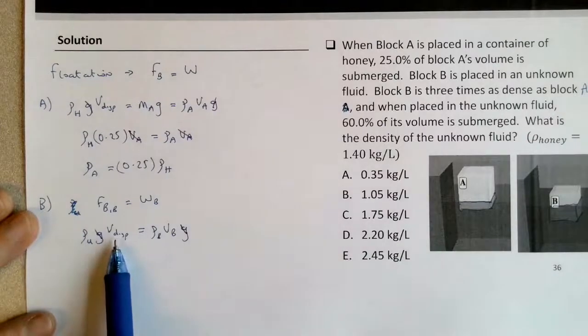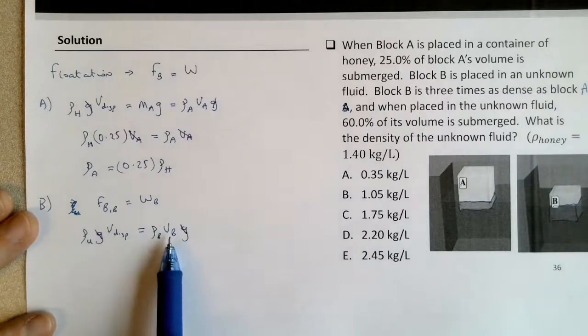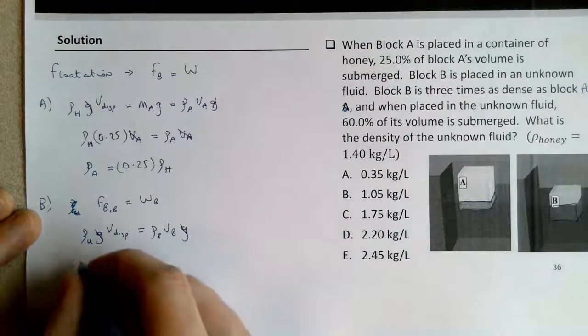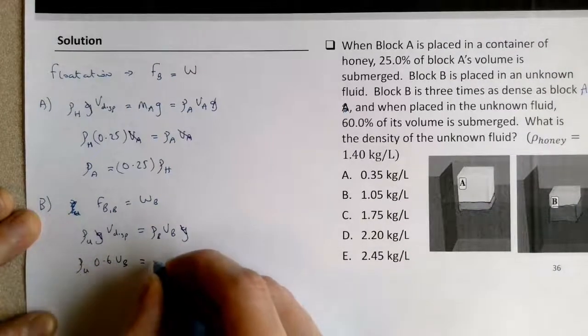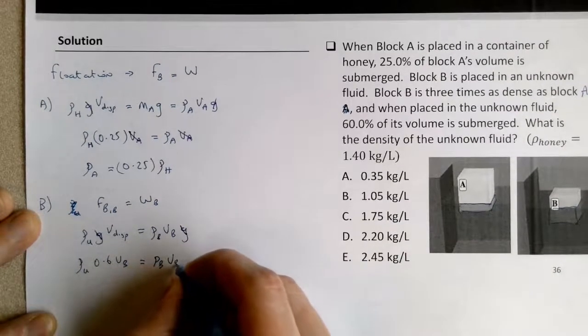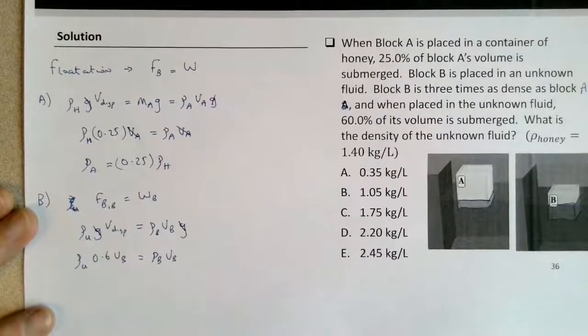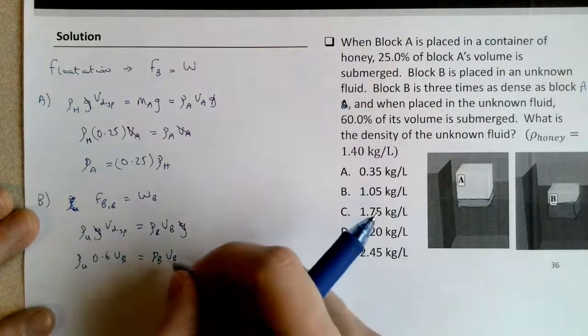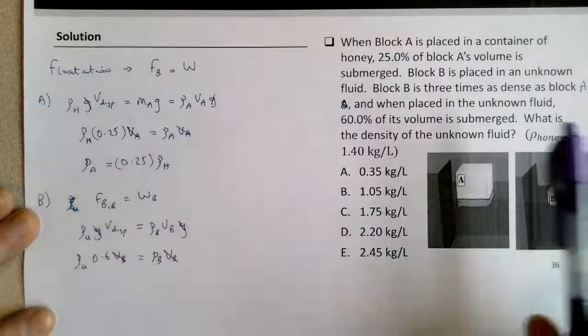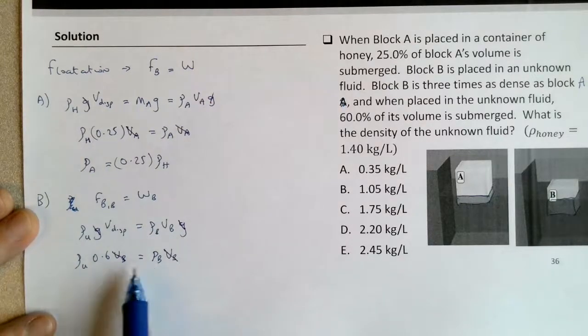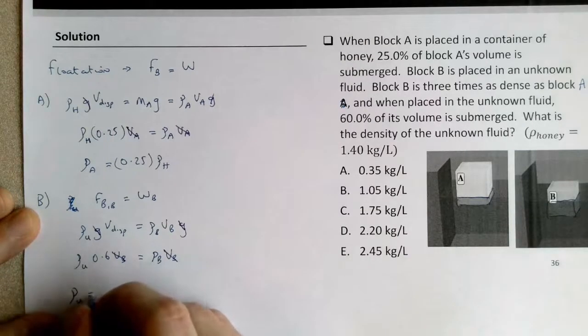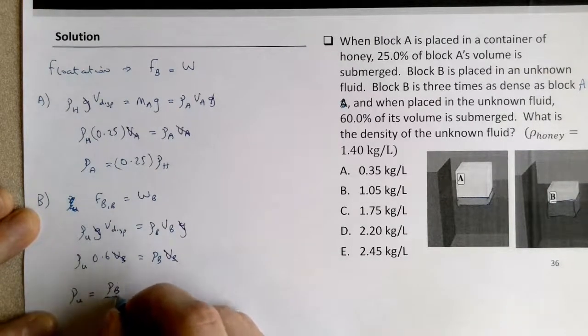And the volume displaced in example B is 60% of the volume of B. So I get rho U times 0.6 the volume of B equals rho B V B. Now I can cancel out the V B's. So the rho of the unknown is rho of block B divided by 0.6.